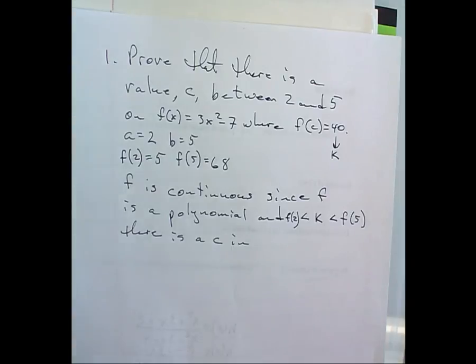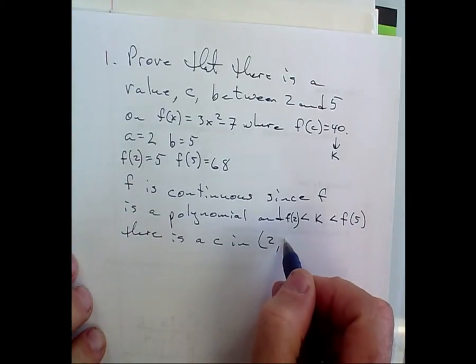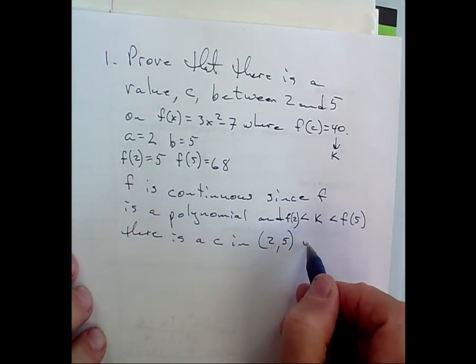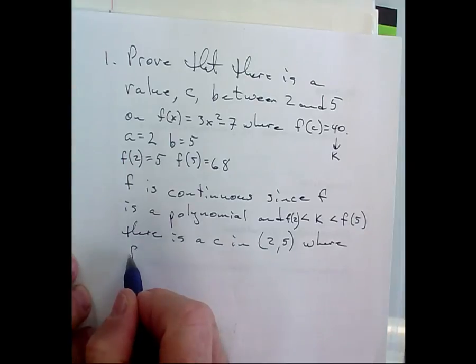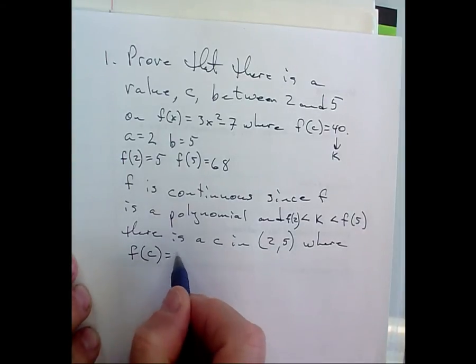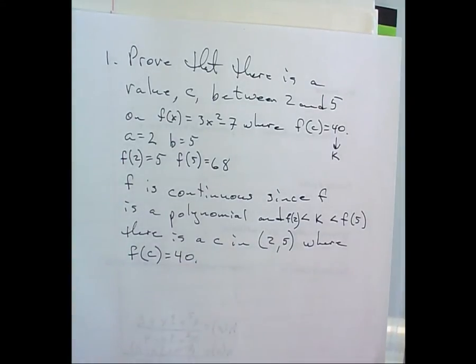Between 2 and 5, where f of c equals 40. Are we okay with that? A little easier the second time?